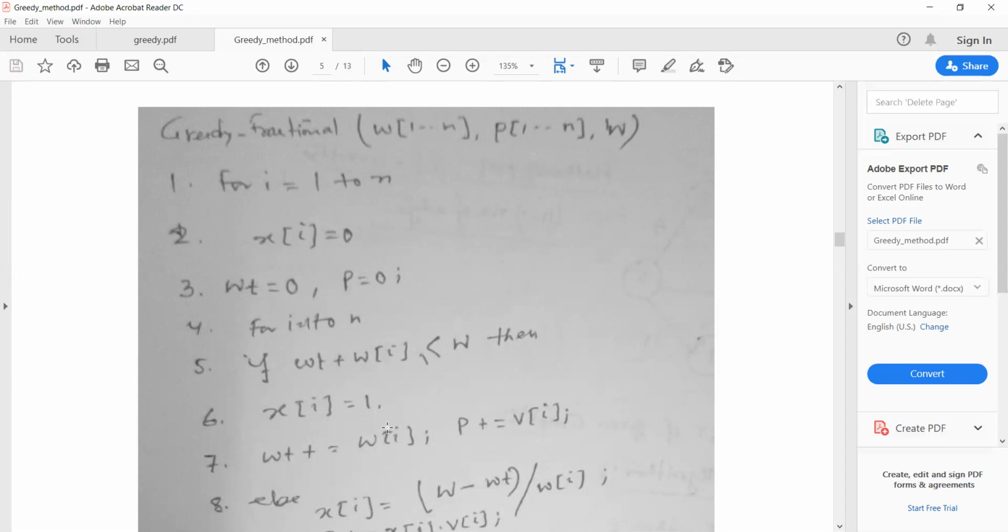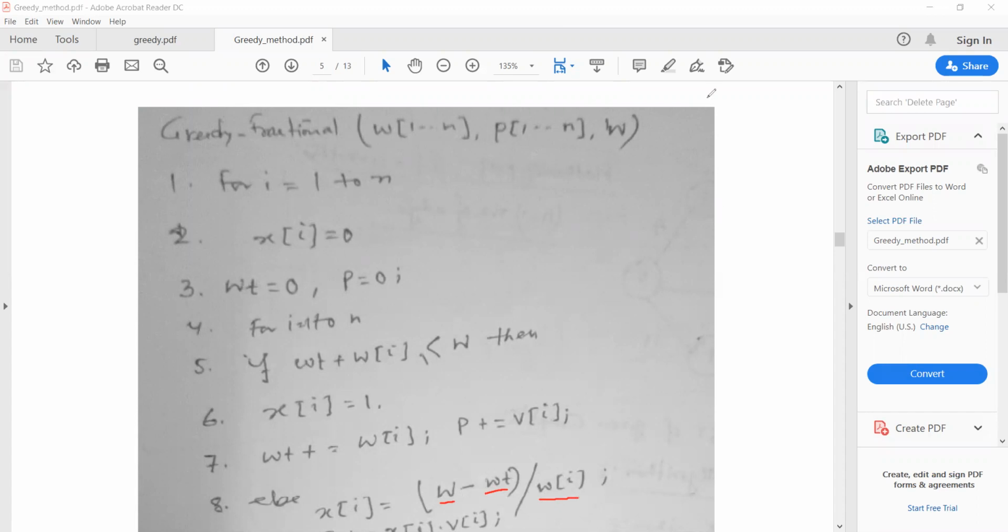So I will increase the weight, and the profit will be increased by profit plus Vi, the total profit of that object. If that does not satisfy, we may take the fraction of it. The fraction is the remaining amount of weight, so W minus the weight already occupied, divided by that item's weight Wi.